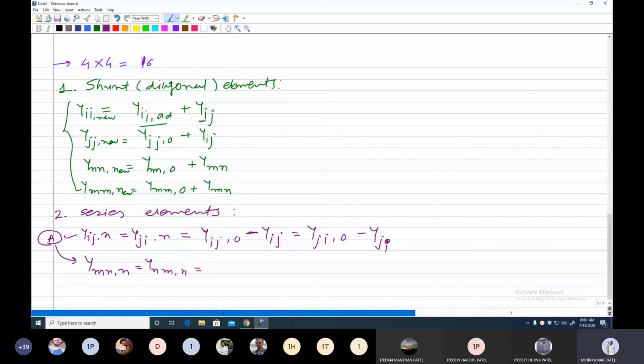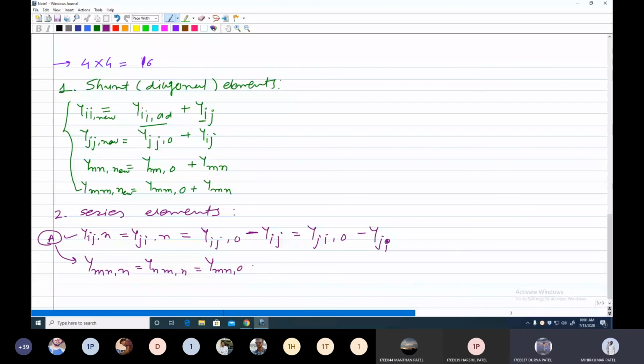What is the equation? For ij you have written Yij new is equal to Yji new, which is equal to Yij old minus Yij. Same way for this case, it is Ymn old minus Ymn. Very good.